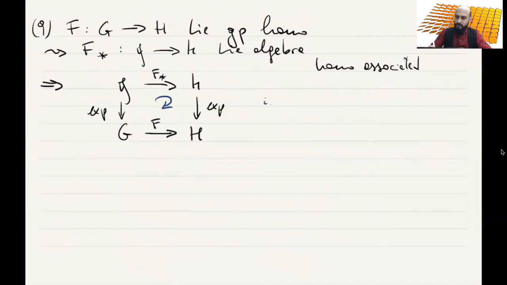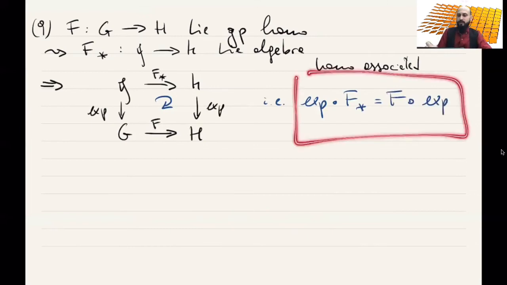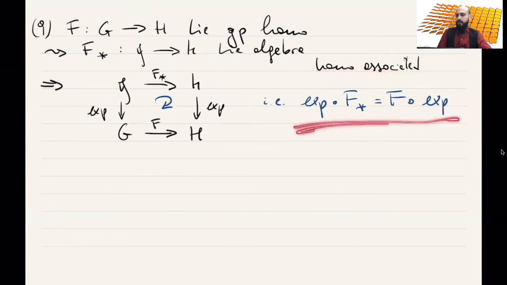In other words, we have the formula that exp composed with F star is equal to F composed with exp. This is a formula that is very useful and will be used to deduce quite a bit of identities on groups.